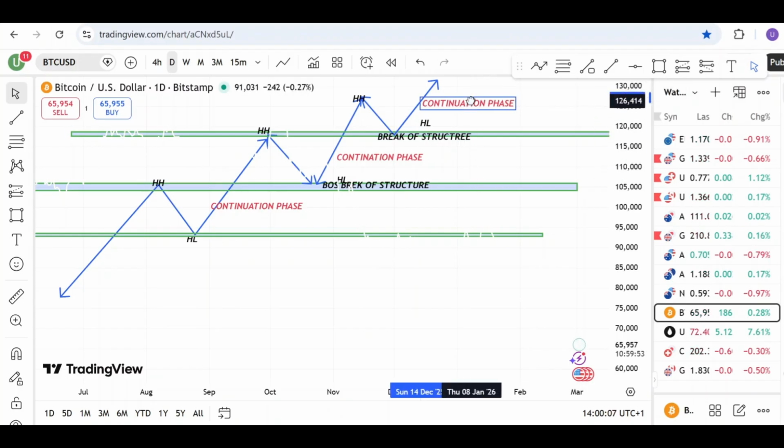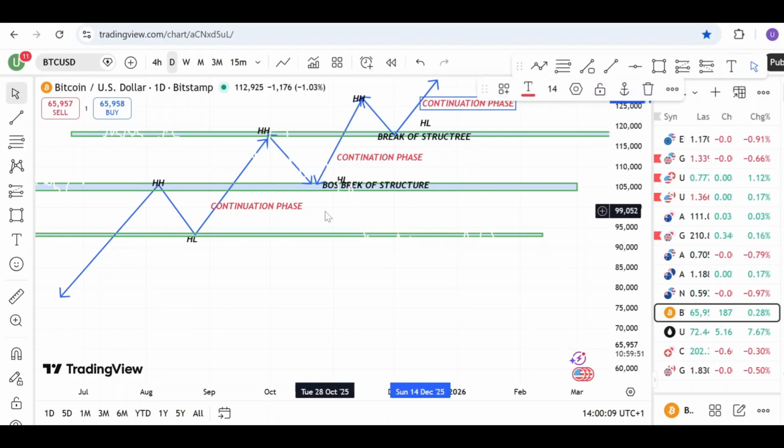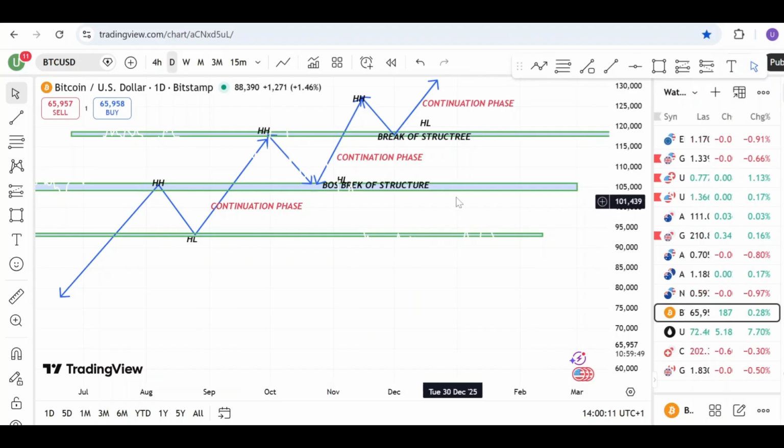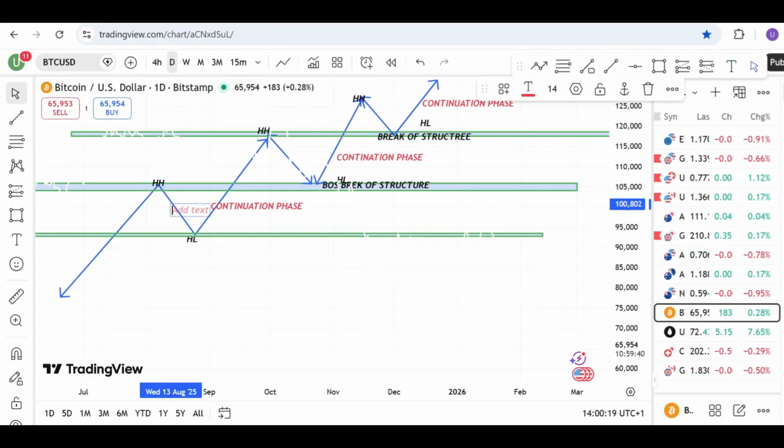Okay, cool. This is continuation phase, this is continuation phase. Those phases in red color are called continuation phases, and those phases are called pullback phases.